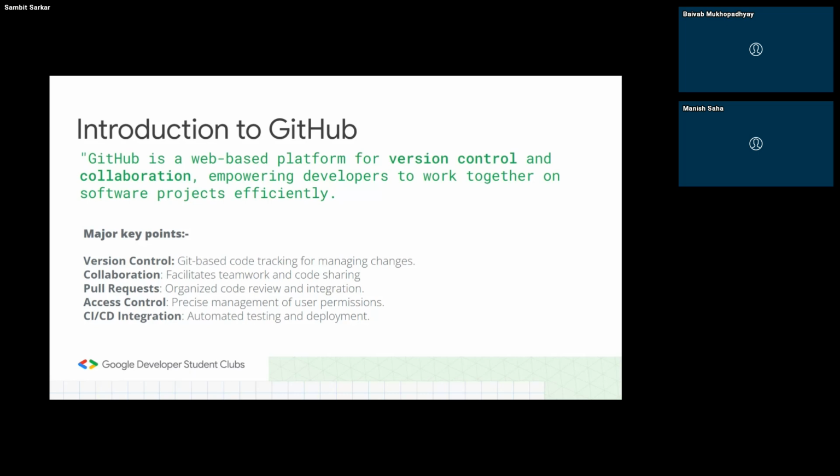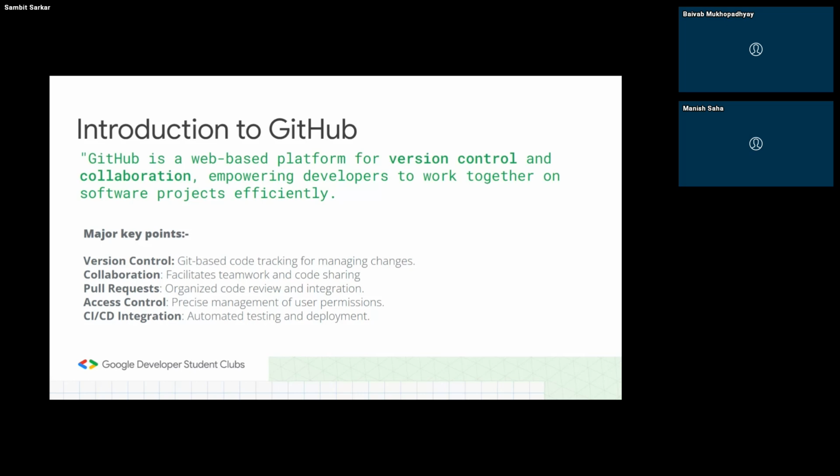But after that, you want these new features to be reflected in the main code base. So you create a request to the main code base maintainer: please accept my features in your code base. He or she will check the features, and if they are correct and working fine, then they will accept your request, the pull request, and your code will be merged into their main code base.